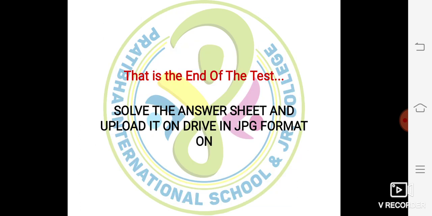So this is the end of the test, dear children. You are supposed to solve this test in your science notebook. I repeat, in your science notebook, set A and set B, both you are supposed to solve, and you are going to submit it in the drive folder. How I showed it in the last video of set A, I have showed how to upload it into the drive.